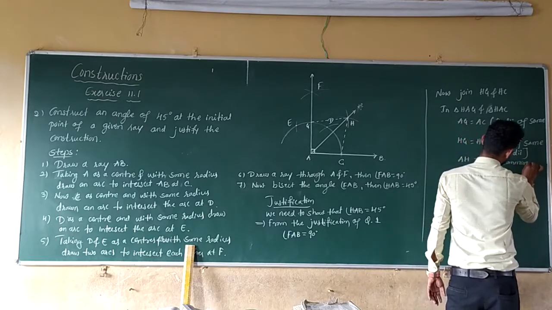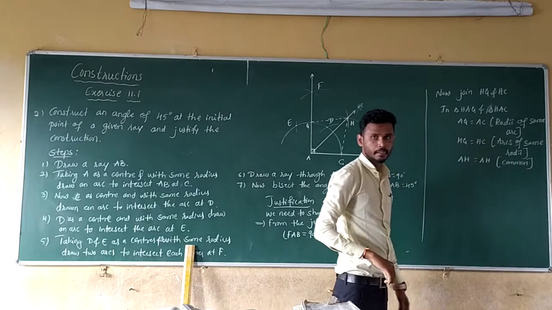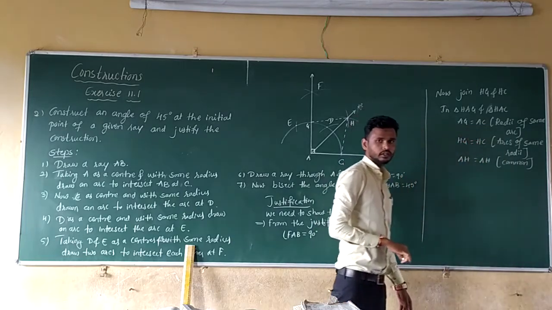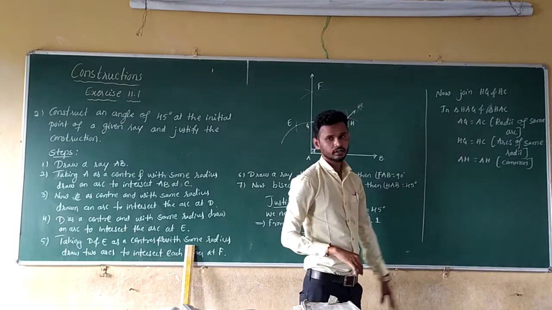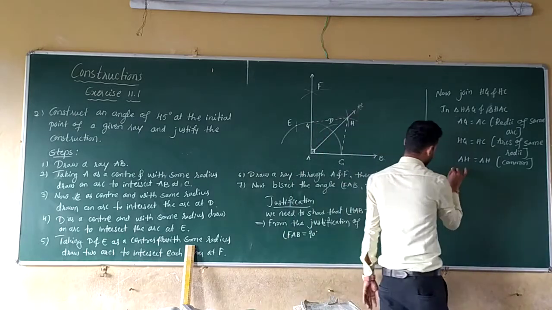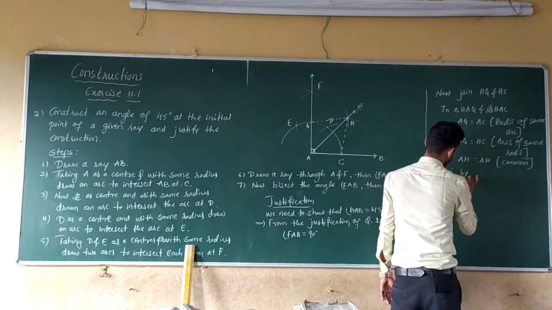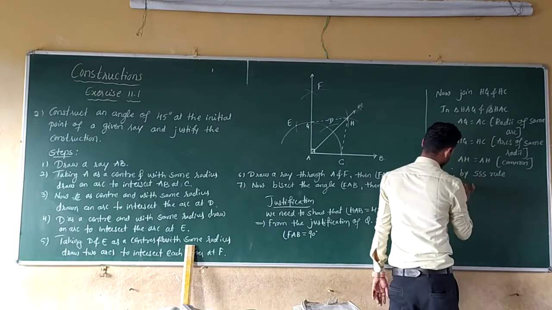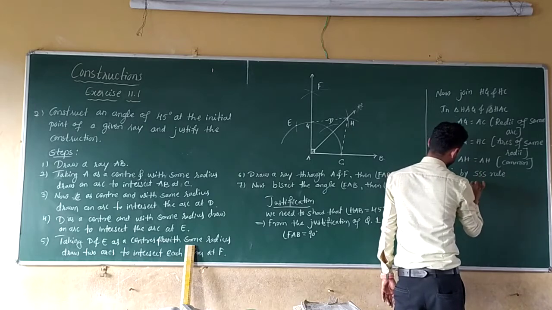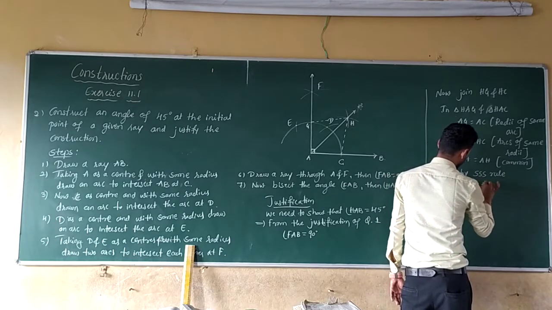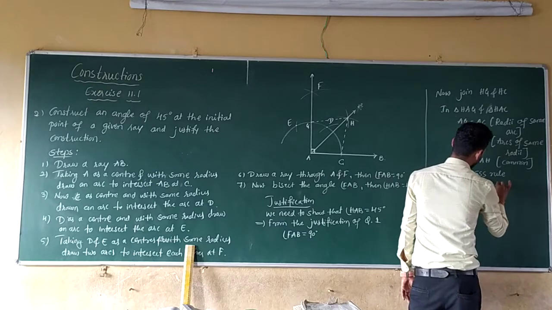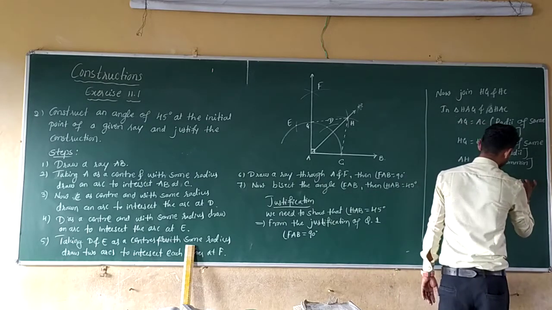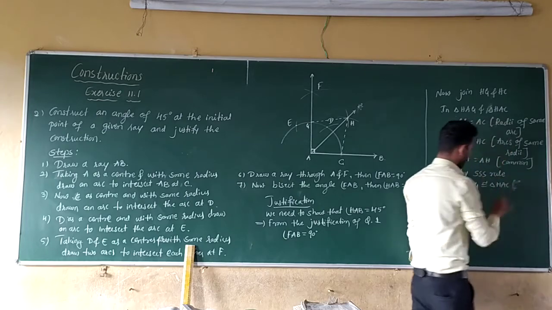So by which congruence rule will these two triangles be congruent? That is by SSS rule. Therefore, by SSS rule, triangle HAG is congruent to triangle HAC.